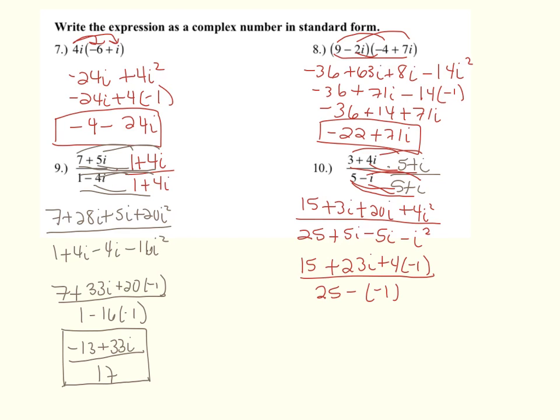So again, you can see the i's dropped out of the denominator, making it nice and rational. In the top, 15 take away 4 leaves me with 11 plus 23i over 25. Take away -1 is really 25 plus 1, so 26.